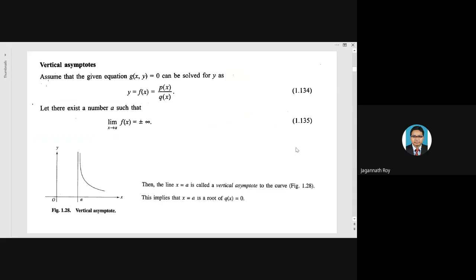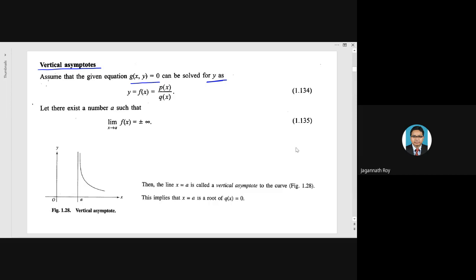Okay. So how do we define a vertical asymptote? For example, the given curve is g(x, y) equals 0. Then we want to solve for y because we want to get the vertical asymptote.